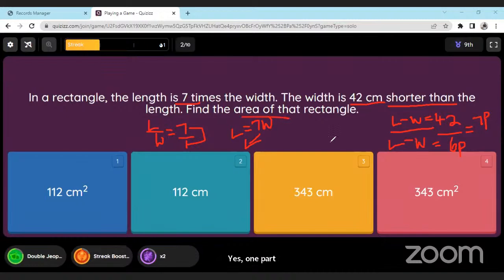Then I think yes, this time Peter is right and the others are wrong. We'll check it. The length is already 7 parts, so 7 times 7 is 49.